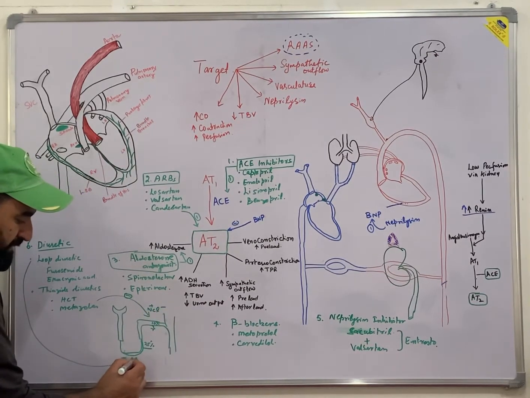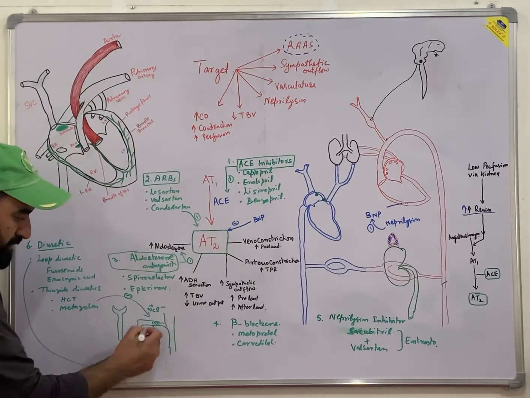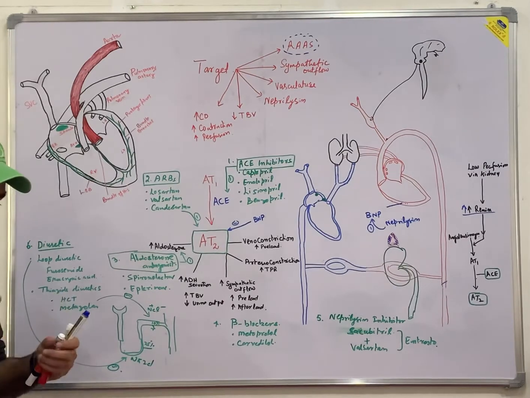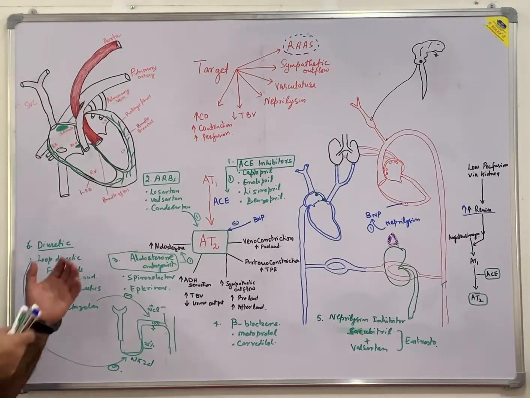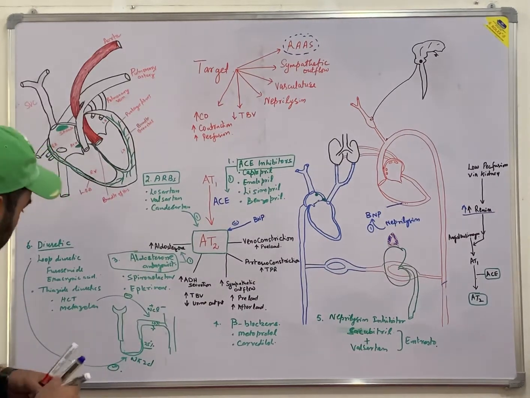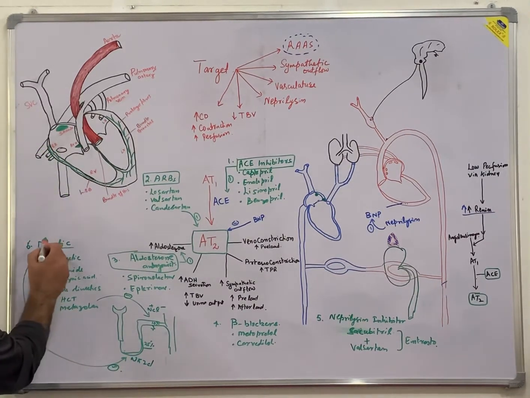Okay, I will make you understand this in the diuretics lecture also. You are using diuretics to increase the expulsion of sodium and fluid from the body. That is diuretics, number 6 of your treatment.